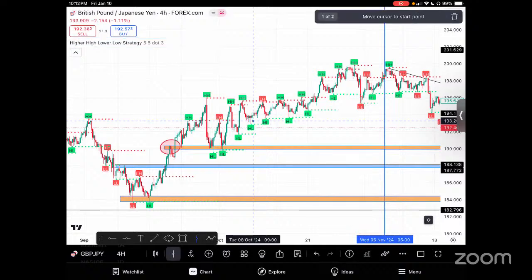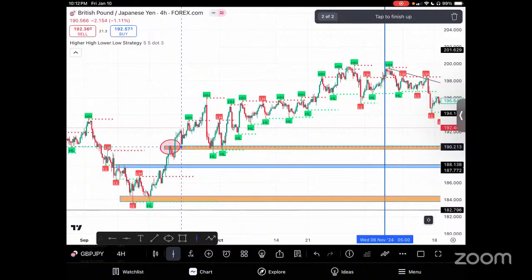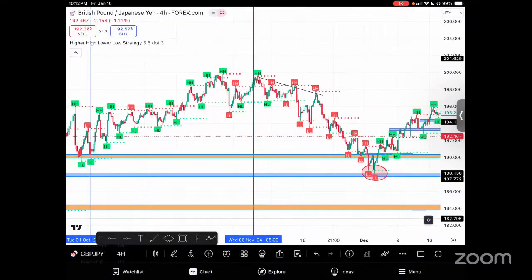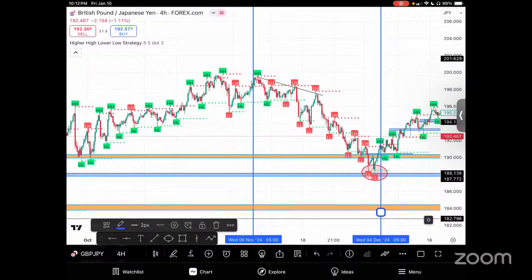Well, let's count it. 1, 2, 3, 4, 5, 6, 7, 8, 9, 10, 11. Price comes back down through it, but eventually does what? Comes right back around.